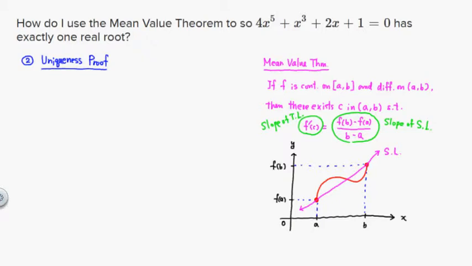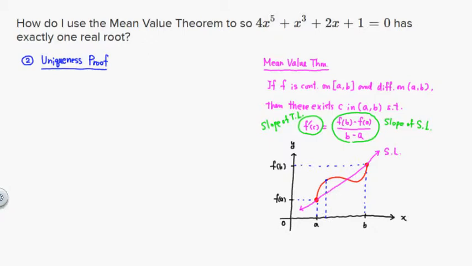Then we are looking for a c value so that at that point the slope of the tangent line matches this slope. We can actually eyeball such a point. So you can see that this is the slope, and we're looking for a slope somewhere around here.